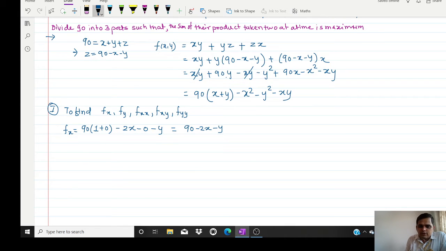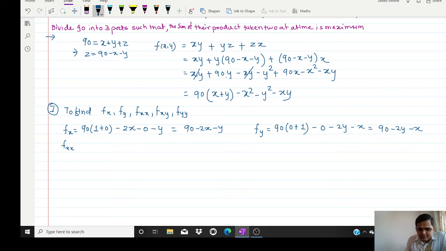Fine. Now we are going to calculate fy. What is fy? Again same, 90 as it is, derivative of x is 0, derivative of y will be 1. The second term derivative is 0, third term derivative is 2y, and the last term derivative will be minus x. So rearranging the terms, we get 90 minus 2y minus x.